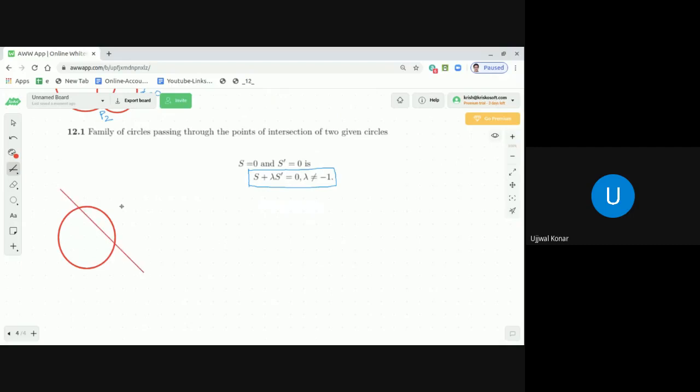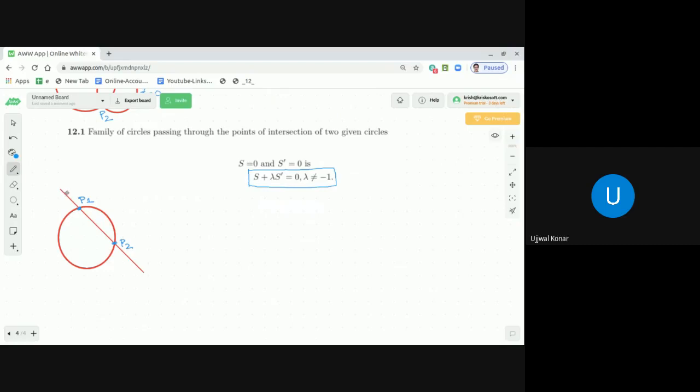The points of intersection of these two, the line and the circle, are suppose P1 and P2. Through these 2 points P1 and P2, you can have an infinite number of circles.